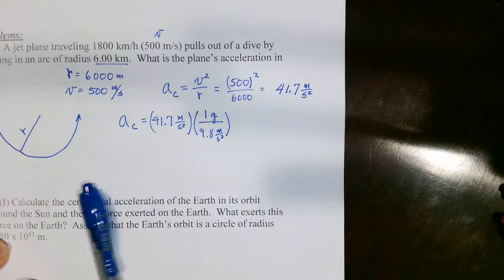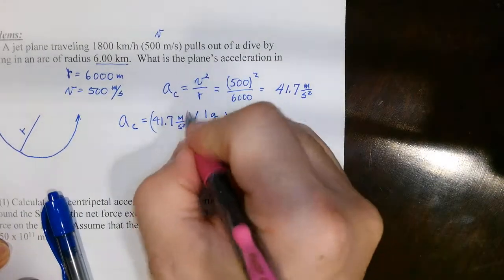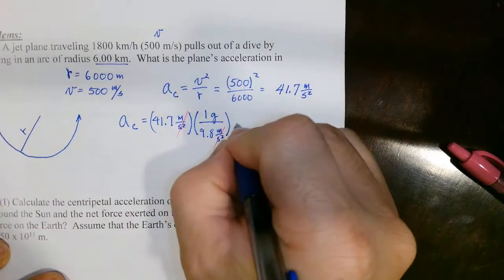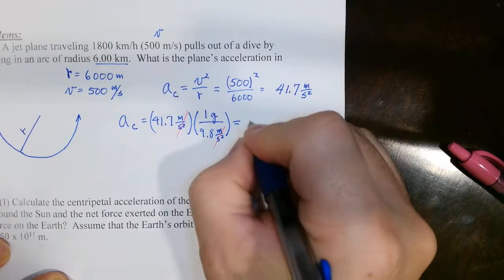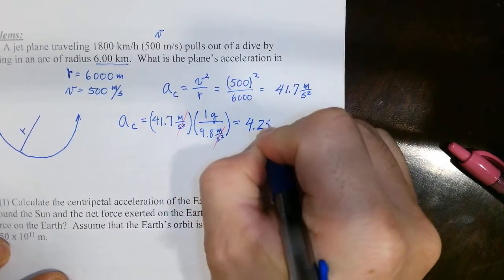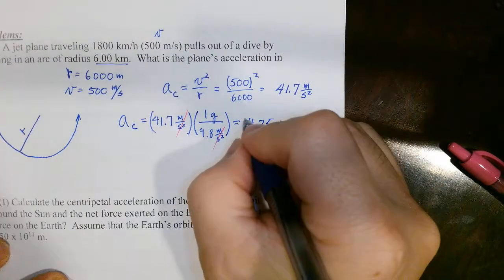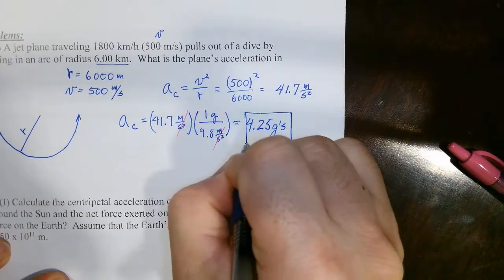So notice how the meters per second squared gets canceled out and we get G's. And that is equal to 4.25 G's.